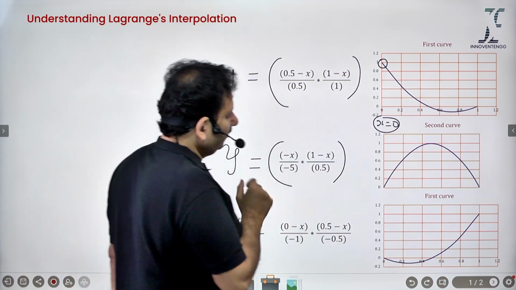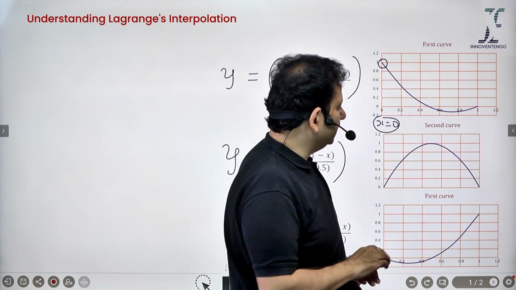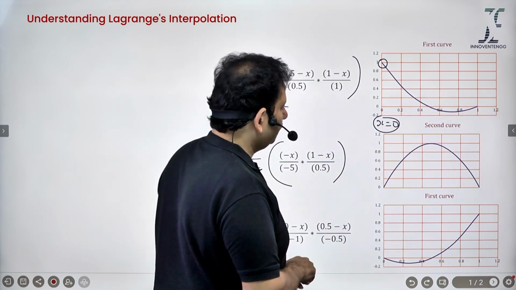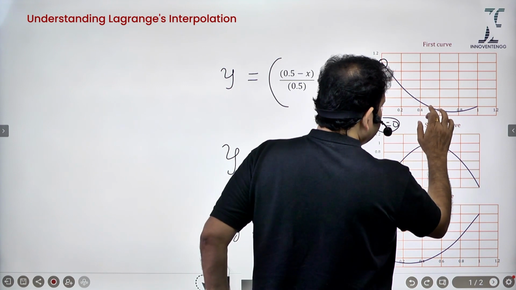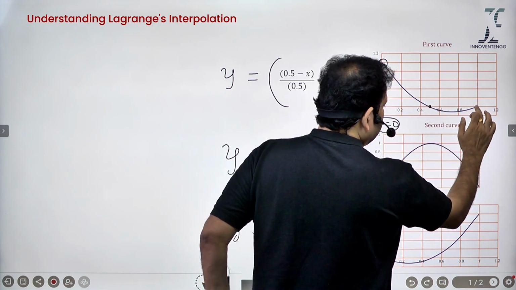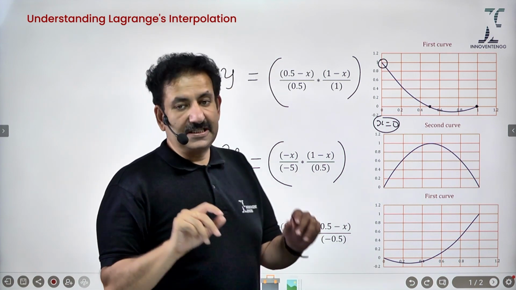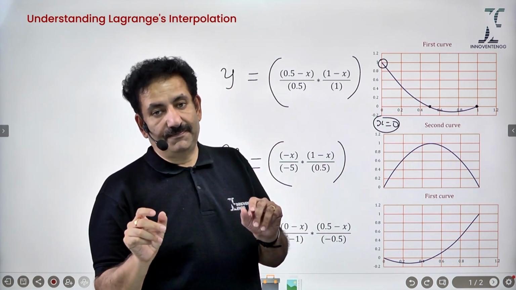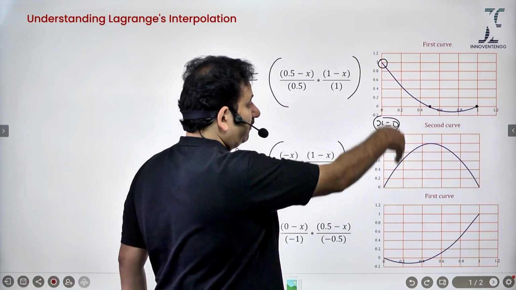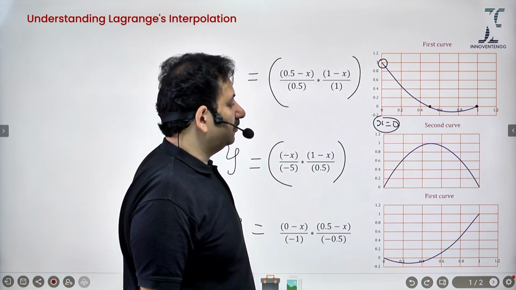And whether it simultaneously satisfies the other two conditions, let us see. What are the other two conditions? In fact, you can see that at x equal to 0.5 and at x equal to 1 also, the function has 0 value. And you can also check for any intermediate x. We'll do that.